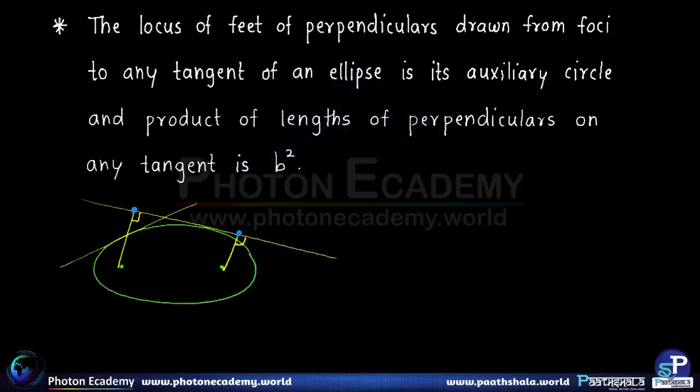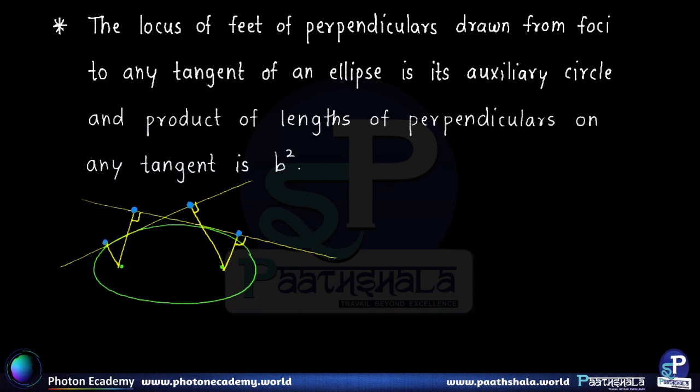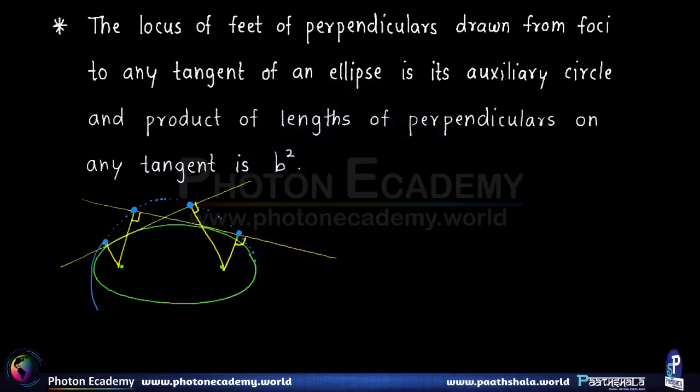Suppose we consider some other tangent like this, and from the foci we draw once again the two perpendiculars like this, and again I show their feet. So if we consider the locus of all these blue colored points, it will turn out that it traces precisely the auxiliary circle of the ellipse.